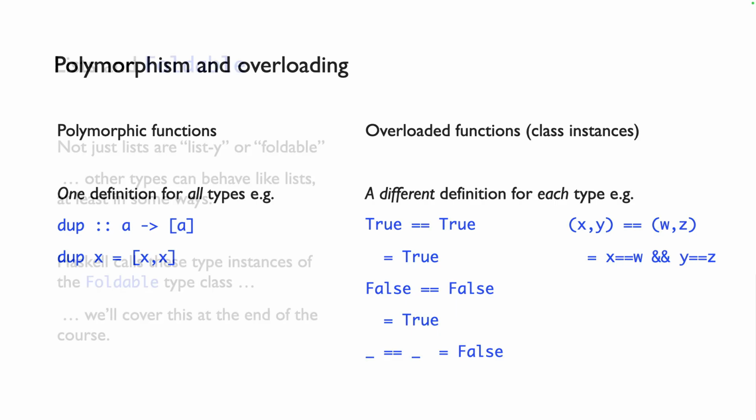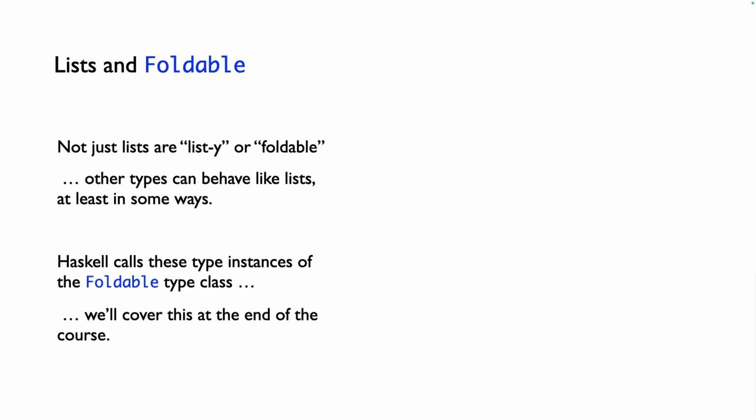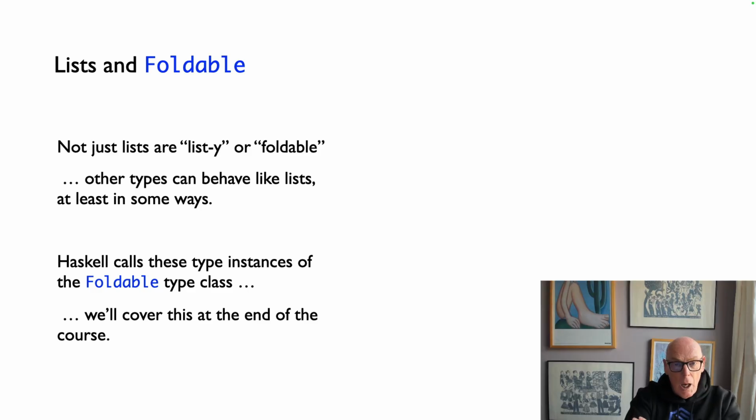I just wanted to say one more thing about lists and types before we move on. Now, there are other types in Haskell that you could call listy, or the technical term is foldable.